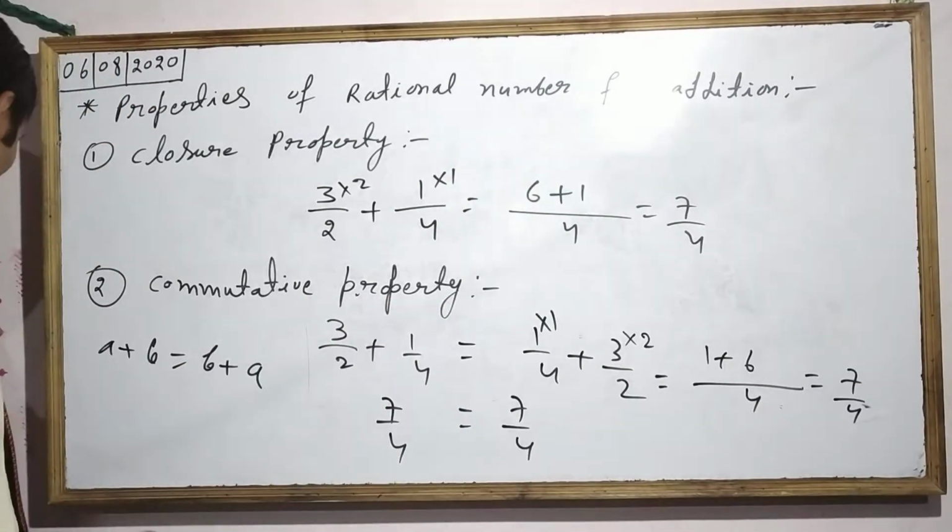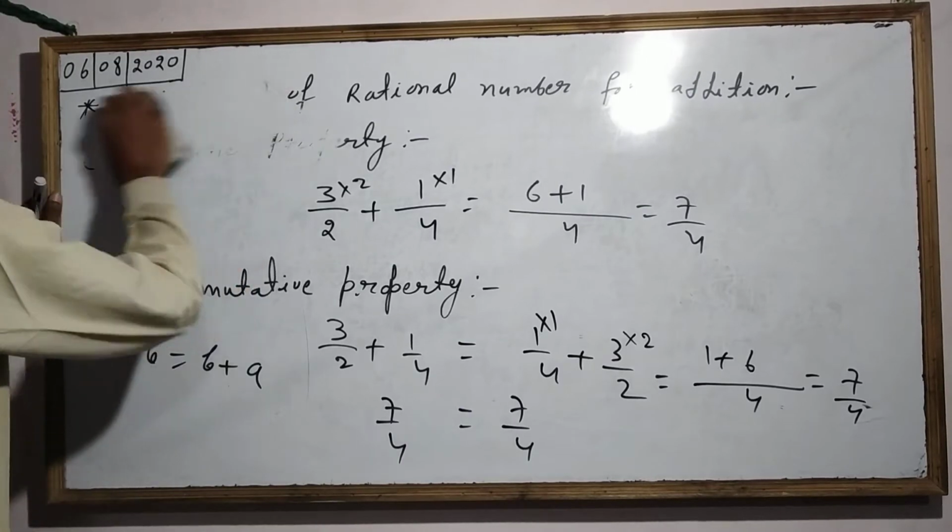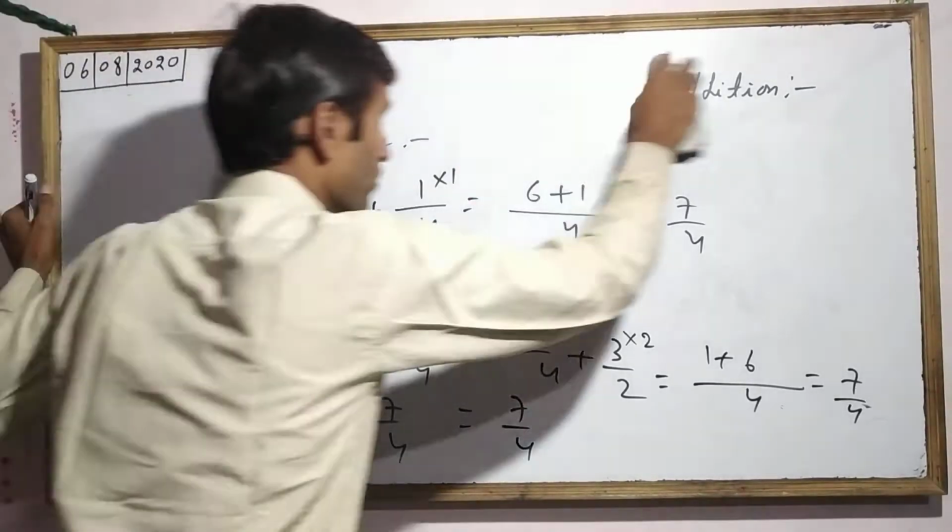Okay. The next property, for addition only, is the associative property.